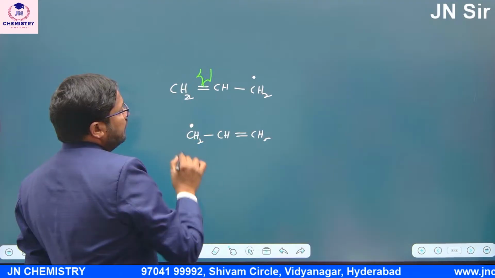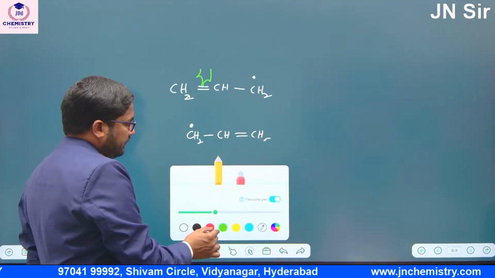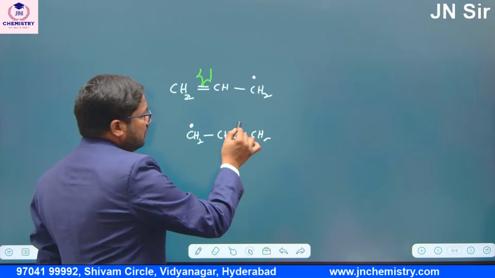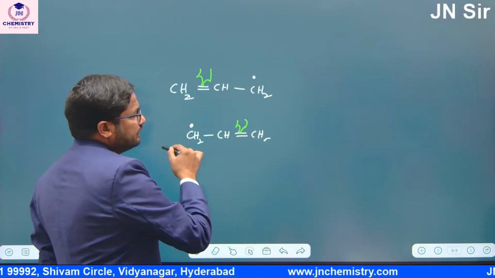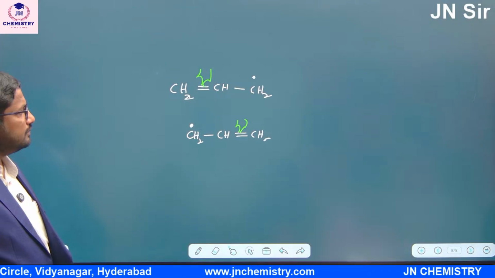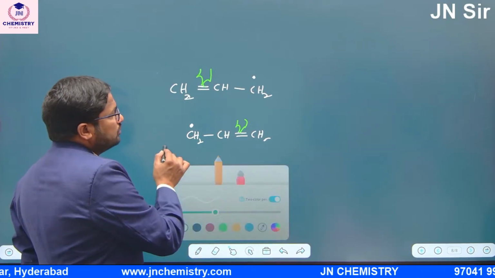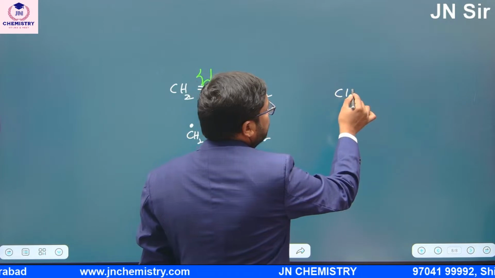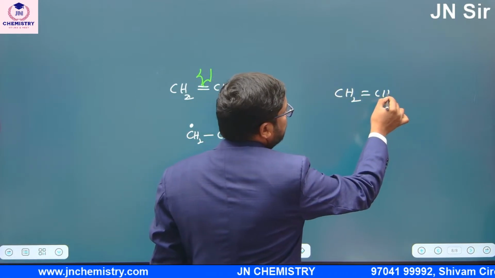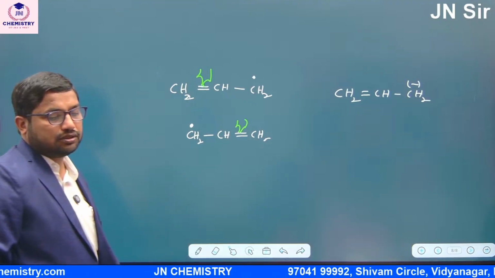Here is the radical. Once again, what happens? This bond undergoes homolytic cleavage and we get the original. If a carbanion is present, in that case also resonance takes place. CH2 double bond CH, CH2 with a negative charge.